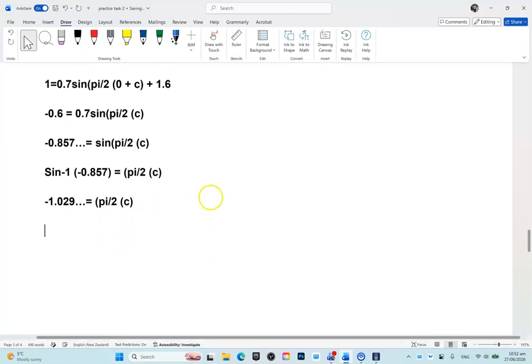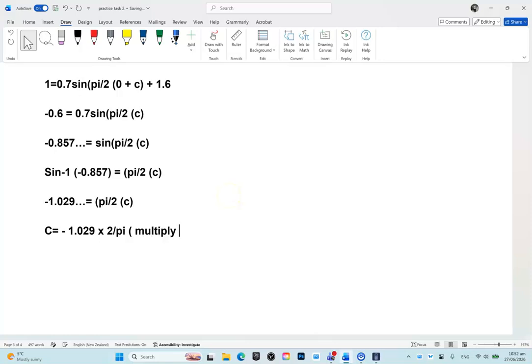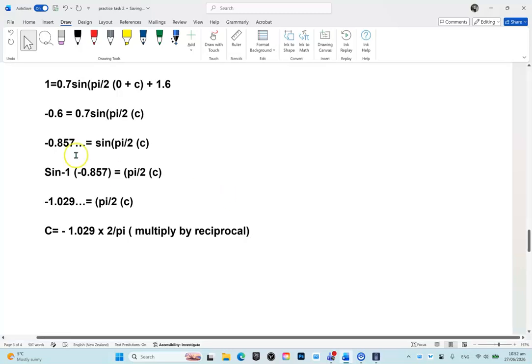So the final thing we need to do is c is going to equal negative 1.029 times the reciprocal, so 2 over pi. I'll just remind you, multiply by the reciprocal to eliminate this fraction here.